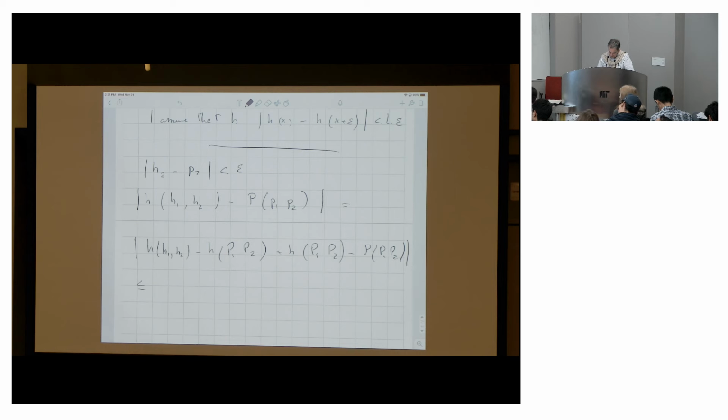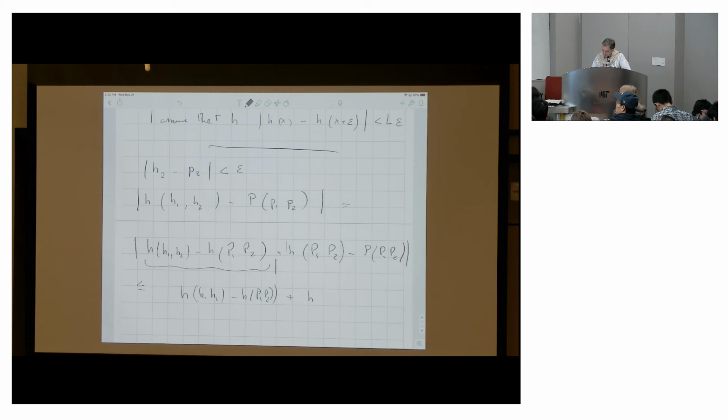So I'll essentially say that this one norm plus the rest would be less than or equal to h1, h2 minus h p1, p2, plus this part, this is h of p1, p2 minus p of p1, p2.